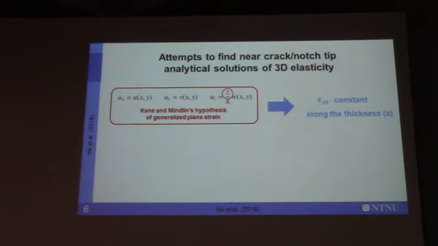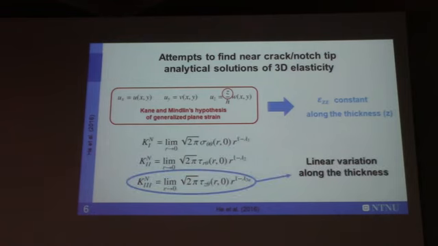Many researchers attempted to find the near field analytical solution of the elasticity, and the main hypothesis was that of the kinematics of generalized plane strain. In fact, they use this displacement field, which leads to a constant component of stress or strain along the thickness.